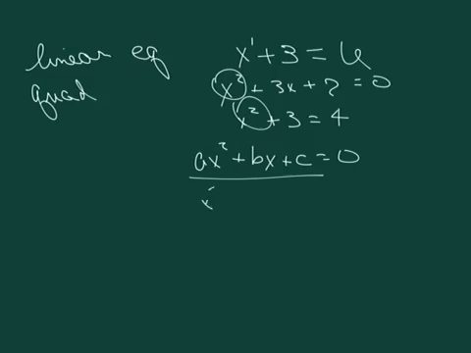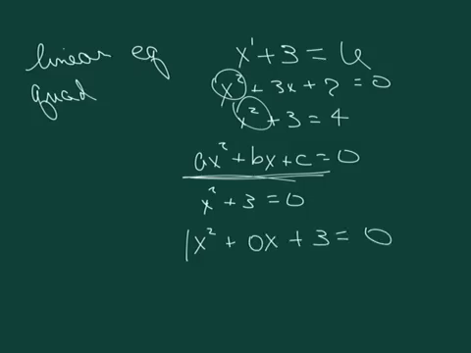So if I have x squared plus 3 equals 0, that's in this form because it's actually 1x squared plus 0x plus 3 equals 0. Okay, so there is no x here, so I say 0x, which means it's 0. My 3 is there, my x squared is there, and there's an assumed 1, so it's in that form.